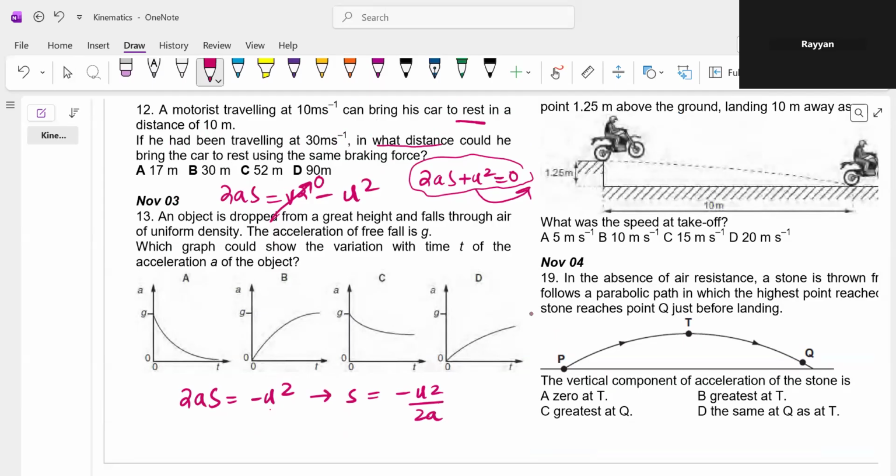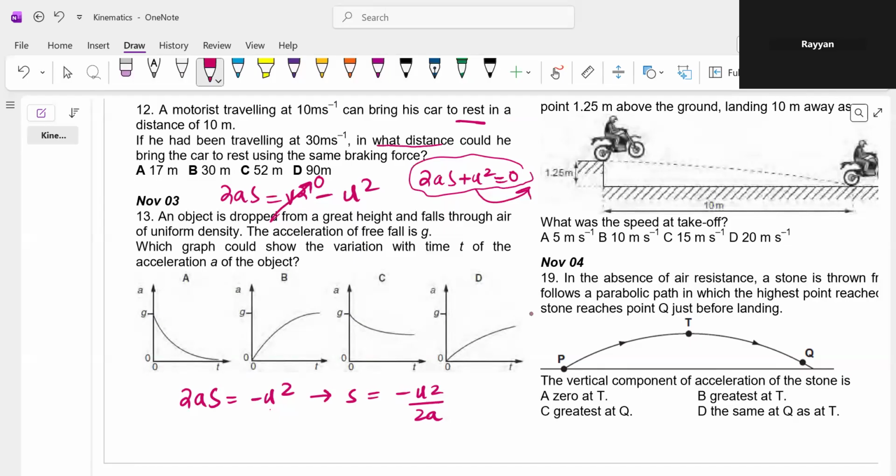Okay, that's also right. If your answer is correct, you can use that equation. But initially, you must know that you will use the equation in this way. They are saying a constant braking force. When you apply brakes, what will happen? There will be deceleration.